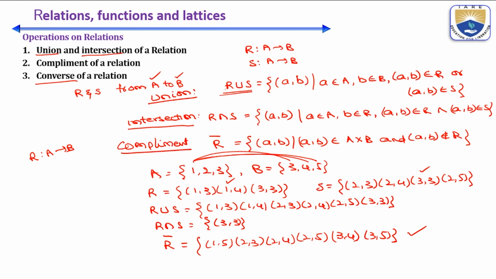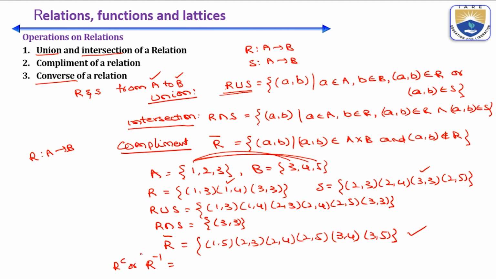So what is the converse or inverse? Let R be a relation from A to B. Then the converse or inverse we are going to represent as R inverse or R converse.